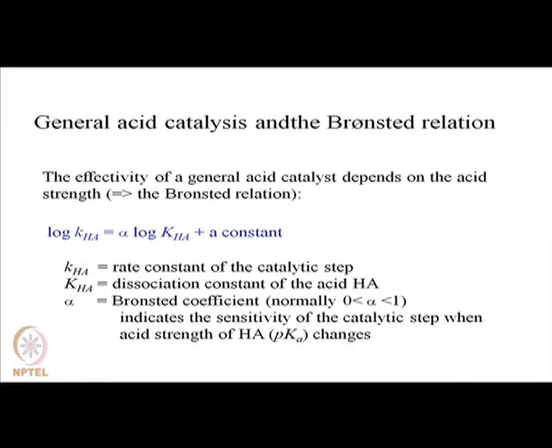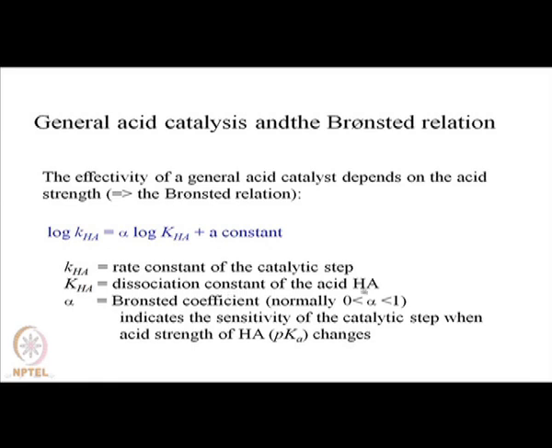General acid catalysis and the Bronsted relation. The effectivity of a general acid catalyst depends on the acid strength, and that is the Bronsted relation. We relate this as log KHA is equal to alpha log KA, the equilibrium constant, plus some constant. KHA is the rate constant for the catalytic step, the step wherein catalysis occurs.